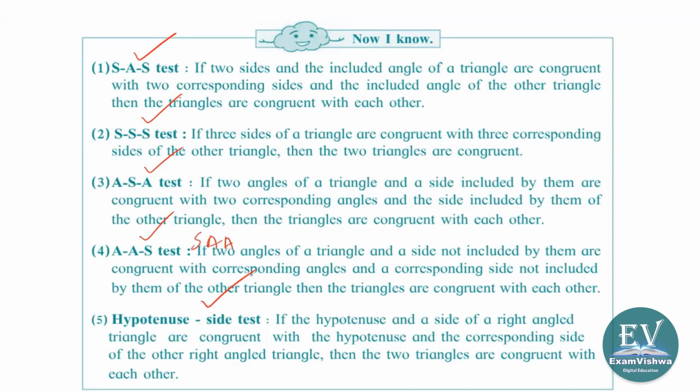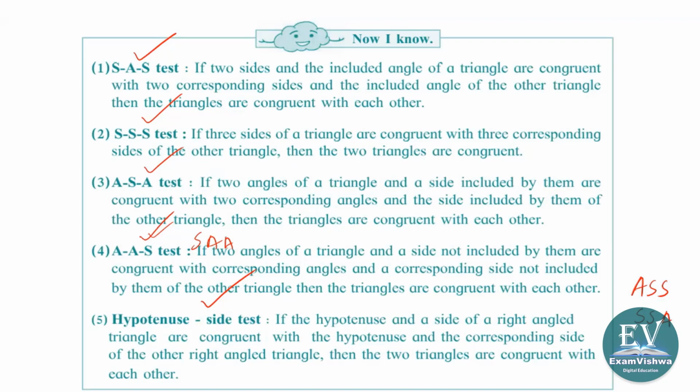What is the possibility of ASS test? There is a question like that in mind. या SSA टेस्ट, क्योंकि हम AAS टेस्ट दिया तो SSA टेस्ट क्यों नहीं है? Two angle and the side.